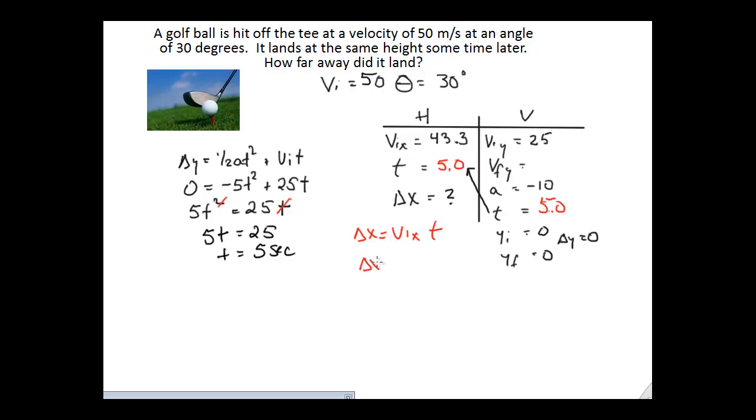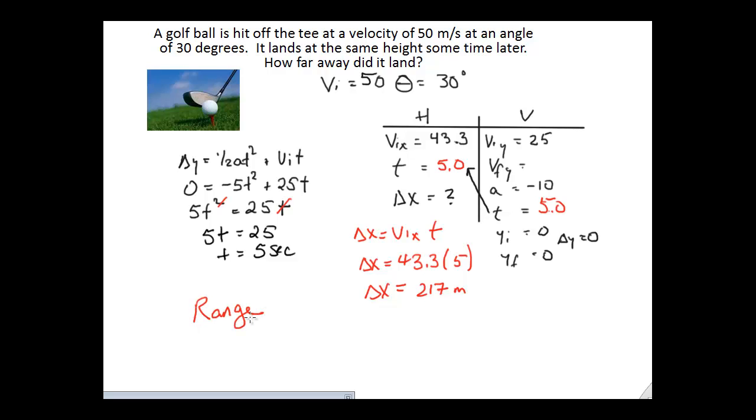So delta x is equal to 43.3 times 5. And so delta x equals about 217 meters.